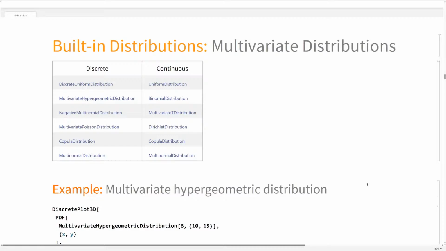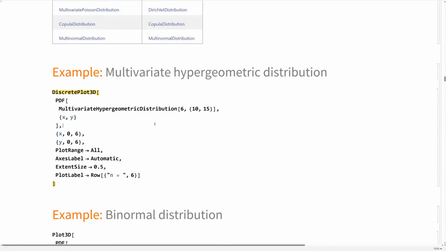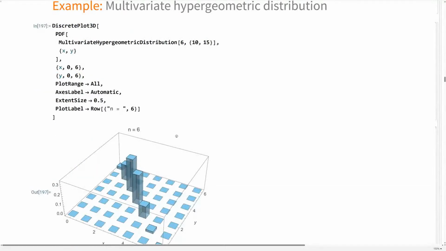The first one is the multivariate hypergeometric distribution. I suddenly remembered that last time I checked, I think this might be the longest function name in the Wolfram language. But that's just a fun fact.